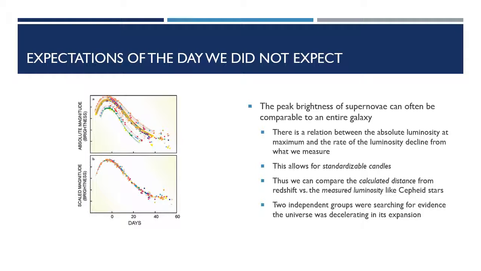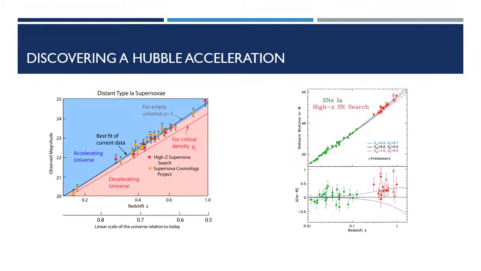So basically what this means is that these are standardizable candles, and you can calculate the distance from this, measure the redshift, and compare the two and find something very, very interesting about that. That all of a sudden, whenever you compare the two, it doesn't match up with what we were expecting. In particular, there are deviations from this curve.